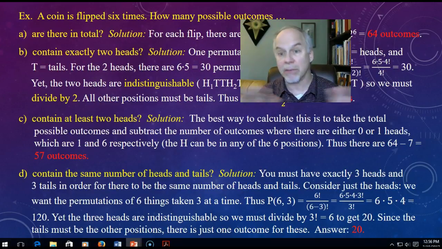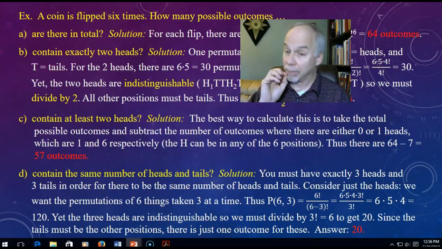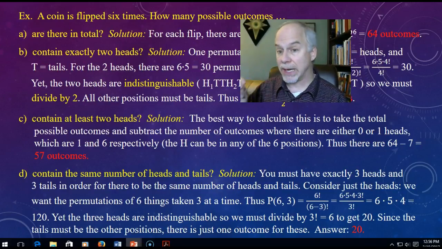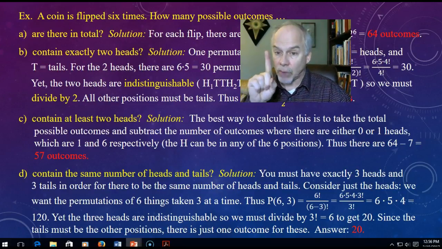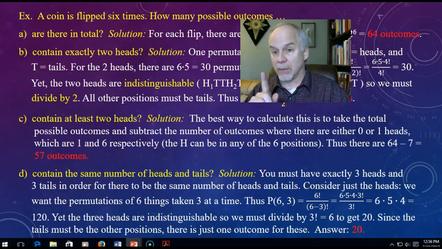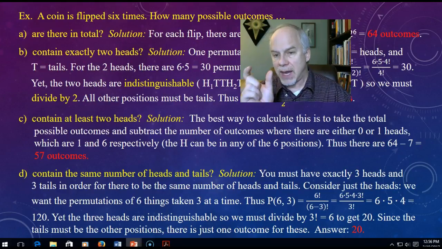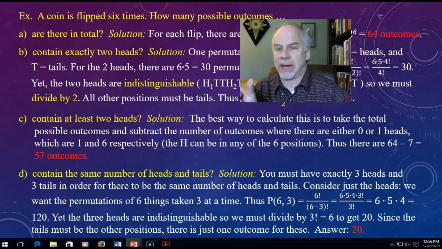You'd have to have all of them tails, and that's only one way to do that. But there are 6 possible ways to get 1 head. Well, it could be the first coin that's flipped, or the second coin, or the third, or fourth, or fifth, or sixth coin that's flipped. So that head could be in any one of the 6 positions, okay?